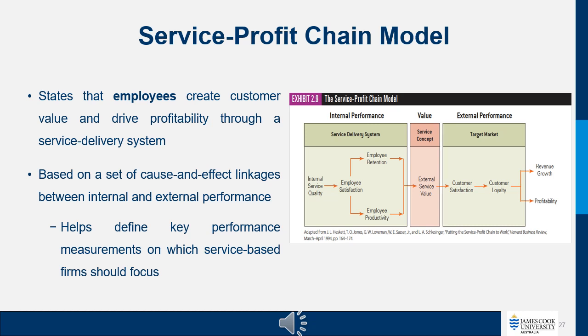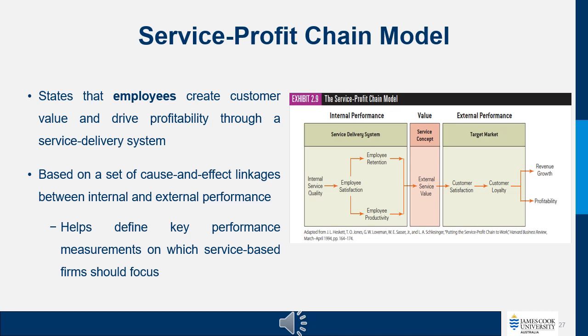Internal performance: employee satisfaction and engagement are key drivers of internal performance. Then it has external performance: customer satisfaction and loyalty are the primary outputs of exceptional service delivery. And also we have profitability. The ultimate goal of the service profit chain model is to drive profitability.